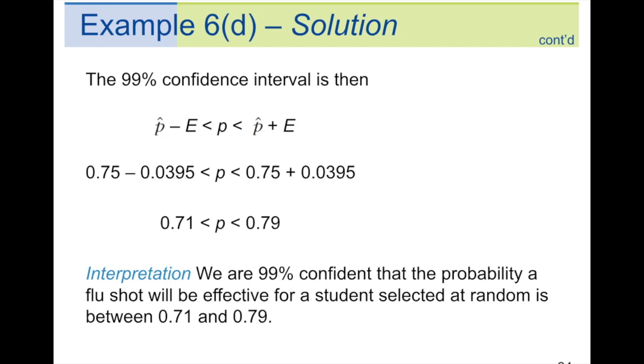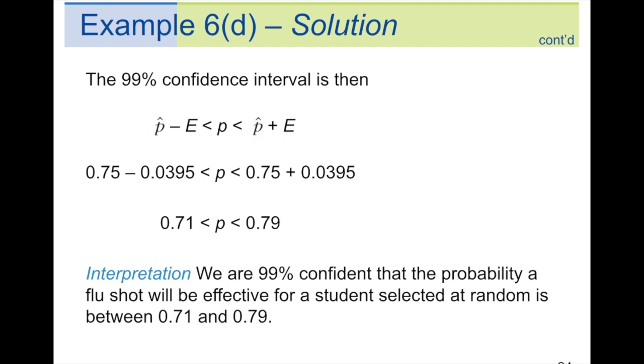So, since the margin of error is 0.0395, the confidence interval is now 0.75 minus 0.0395 is less than p is less than 0.75 plus 0.0395. So p is between 0.71 and 0.79.